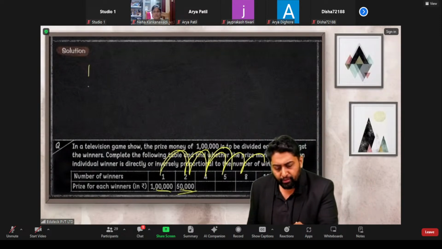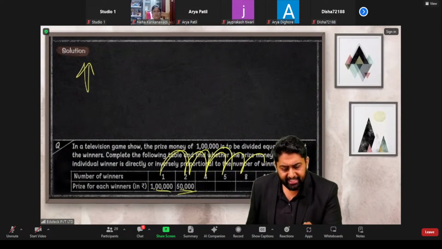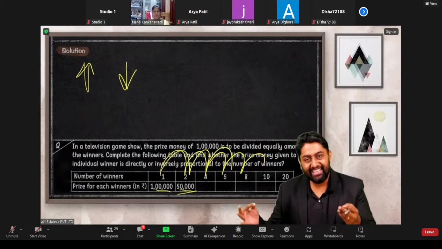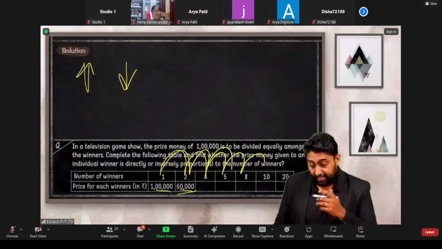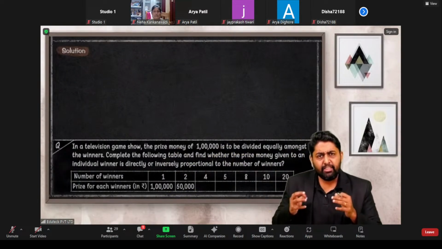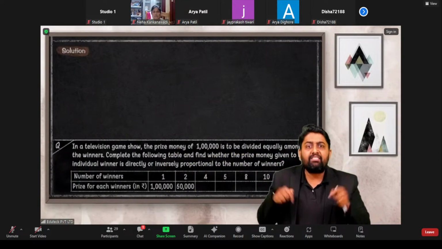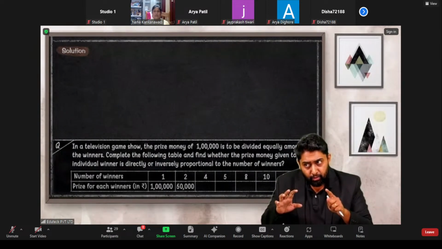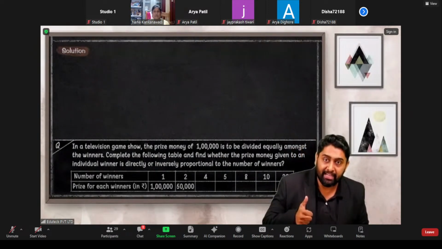So one quantity is increasing, and the second is going down. That means this is an example of inverse proportion. Now, what did we understand from the previous question? In inverse proportion, which value of the two quantities remains the same? X into Y. In other words, can we say the product remains the same?